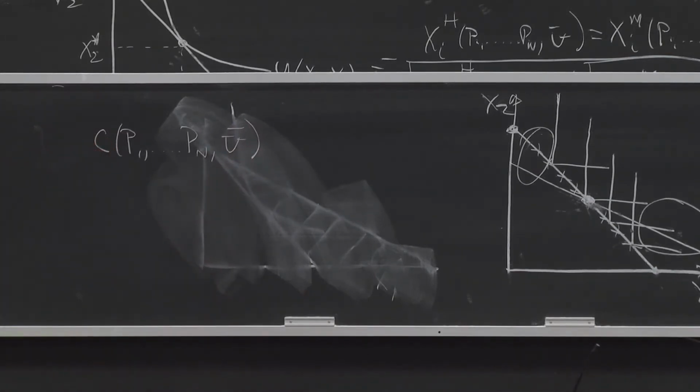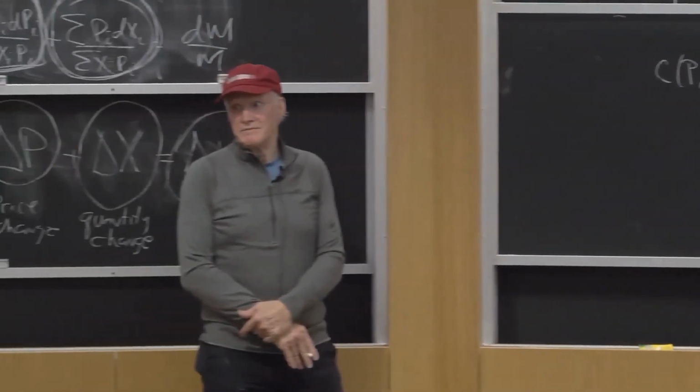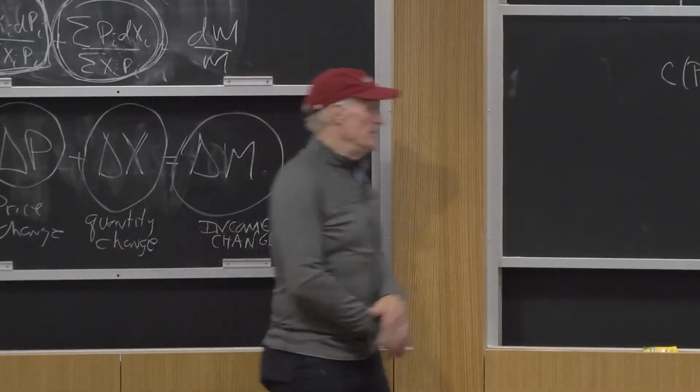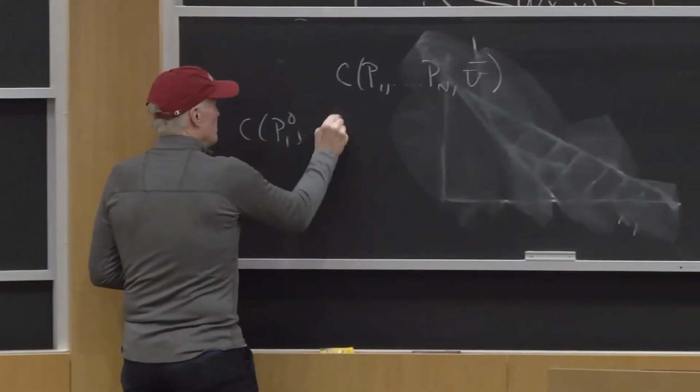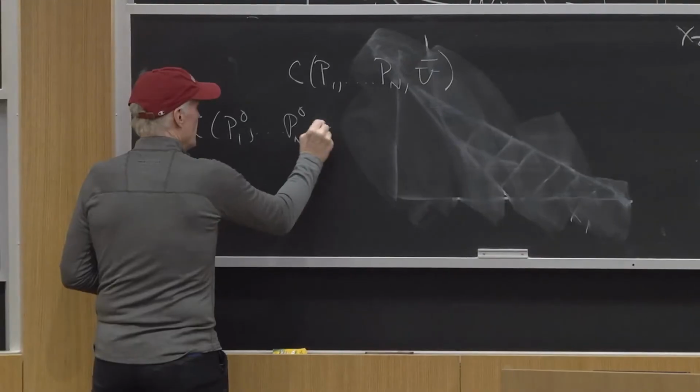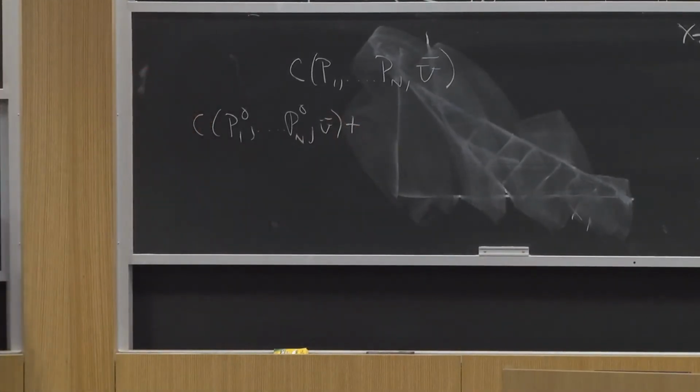What would a first order approximation to the cost function be? How do you take a first order approximation to a function? Well, it's C of P1 naught up to Pn naught, U bar, plus, what's a first order approximation?